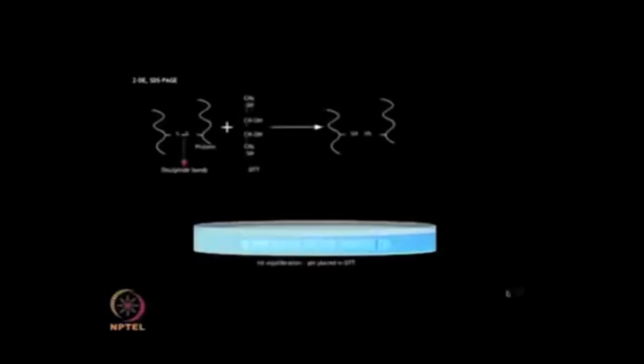The IPG strip is then equilibrated in a reducing agent such as DTT, followed by an alkylating agent, iodoacetamide, which prevents reformation of reduced bonds.